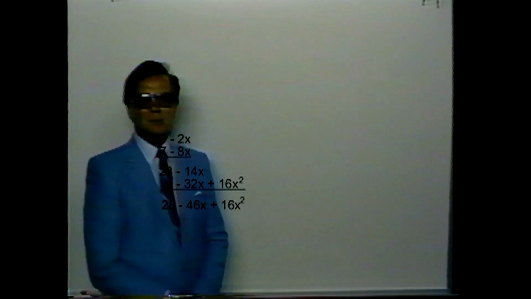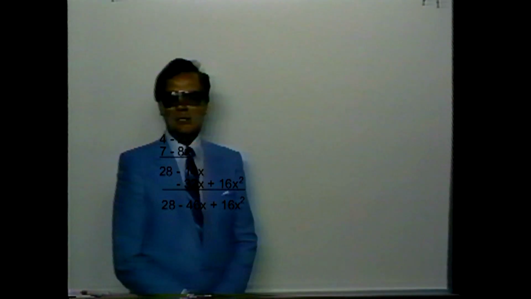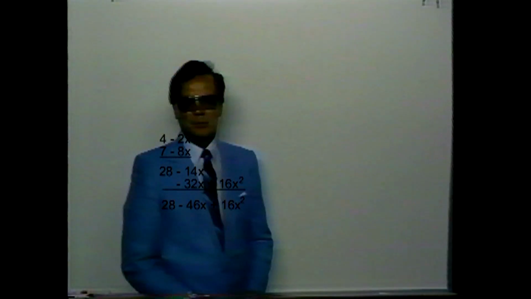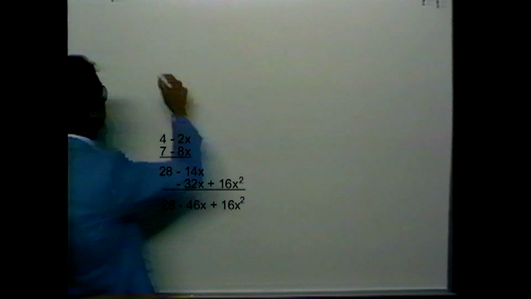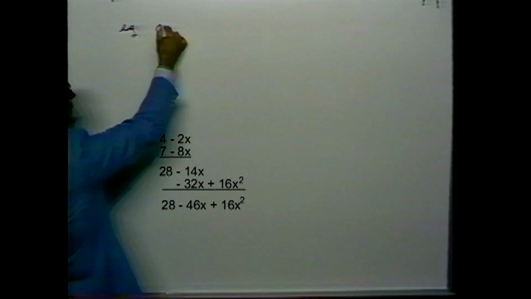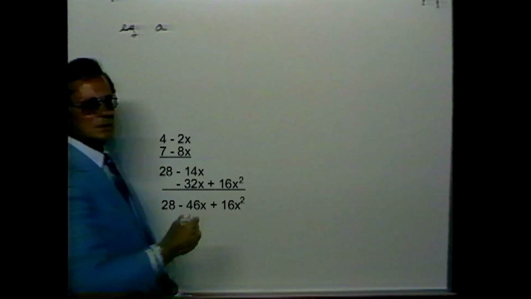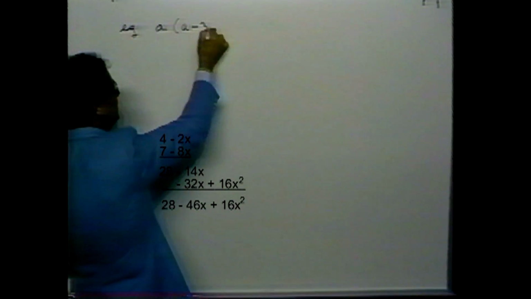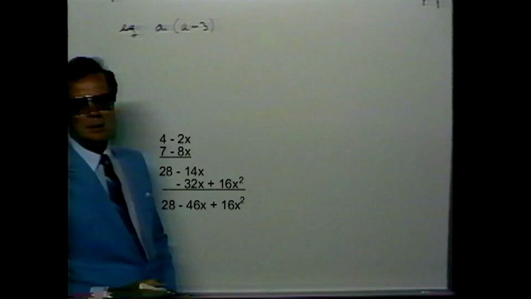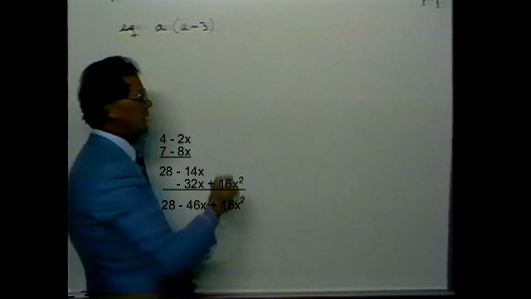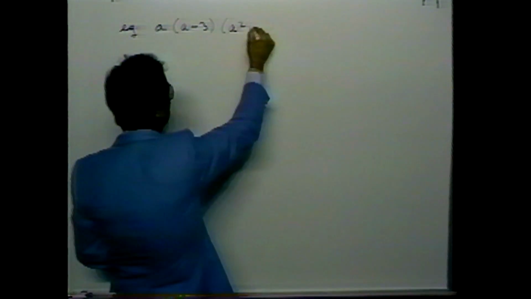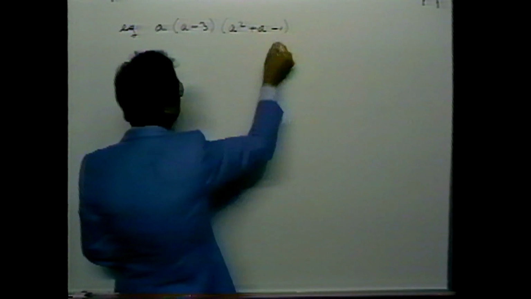Here is another example of multiplication using polynomials. We'll take a, multiply it by a minus 3, followed by a squared plus a minus 1.